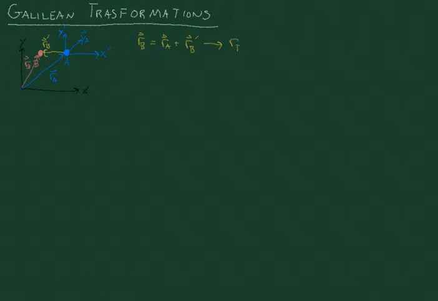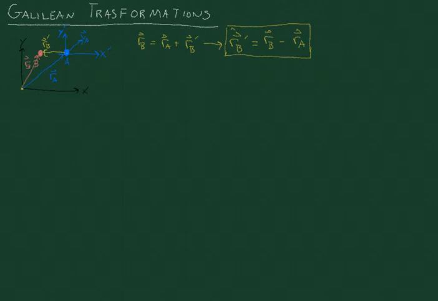Or in other words, the new location of B, RB prime, is equal to RB, the position in our non-moving frame, minus RA, so the position of A. Okay, so this is how we can write the location at which A would see B.